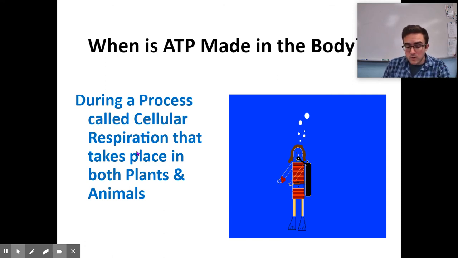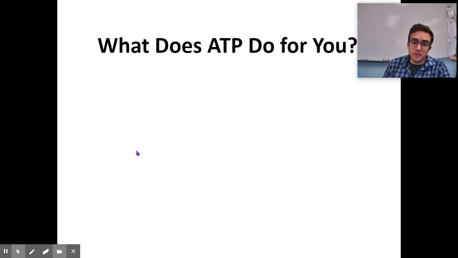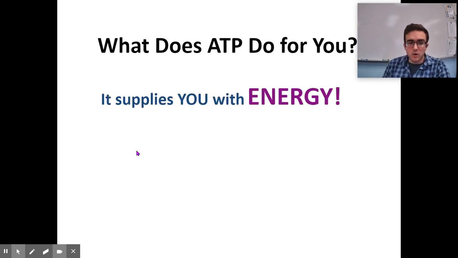So it's great, it's hunky dory, but then the question is, what does ATP do for you? Well, at the start, I said ATP is the energy currency of the cell. So anything that requires energy comes from ATP. From our last unit, we talked about active transport, the sodium potassium pumps, endocytosis, exocytosis. All of that requires energy. For enzymes even to work, they require energy. For your heart to beat, it requires energy.